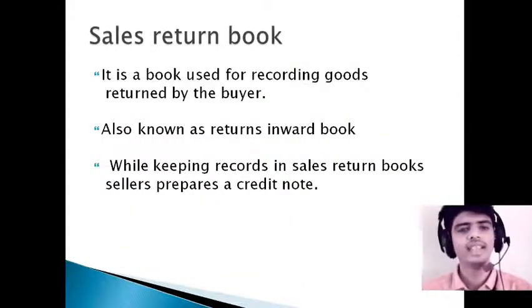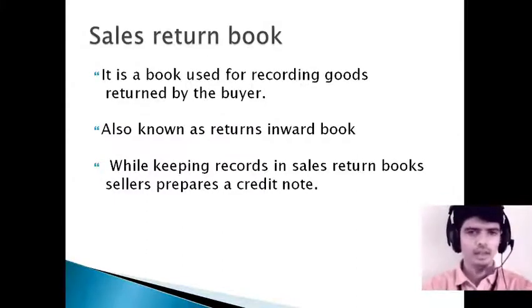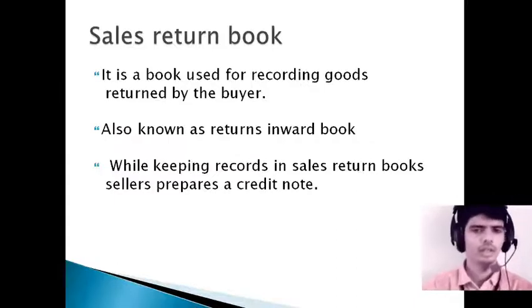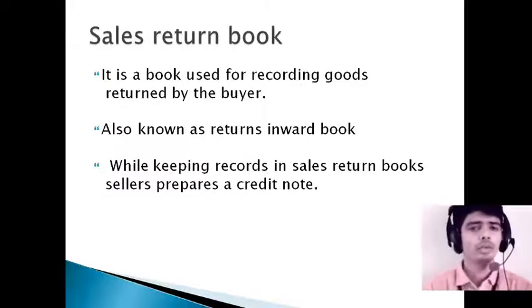Then we will study the sales return book. As I told you, it is a book used for recording the goods returned by the buyer. For example, if we are the seller and we have sold 20,000 fans to the purchaser ABC, after purchasing he got to know that out of 20,000 fans, 200 fans were defective. The 200 fans were not in working condition, so he will return those 200 fans to us. So out of 20,000, or whatever the quantity might be, 200 are returned, and it becomes a sales return.